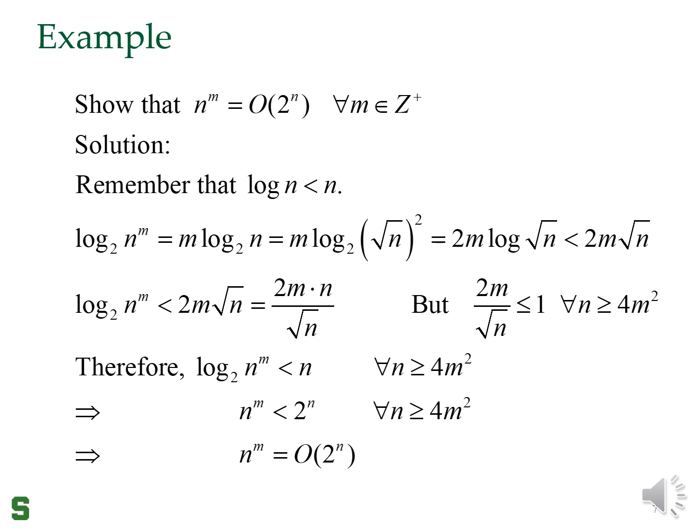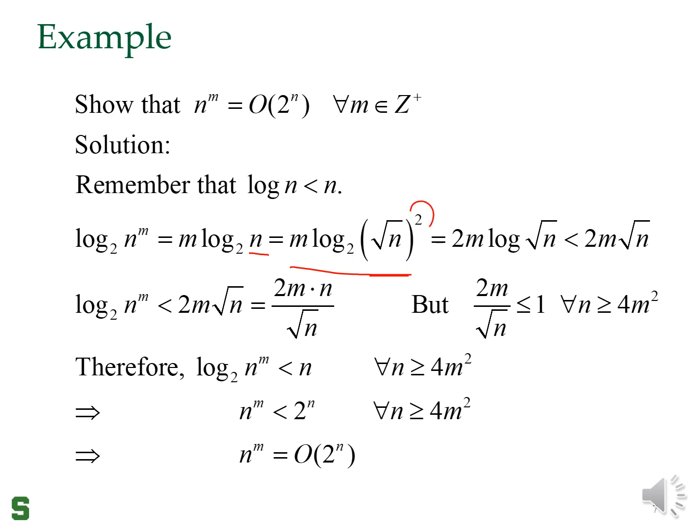So we are going to start with this expression, log of n to the power m to the base 2. First thing we are going to do is take this m out, so that is the same as m log n to the base 2. I'm going to write n as square root of n squared, so the term will be m log square root of n squared to the base 2.